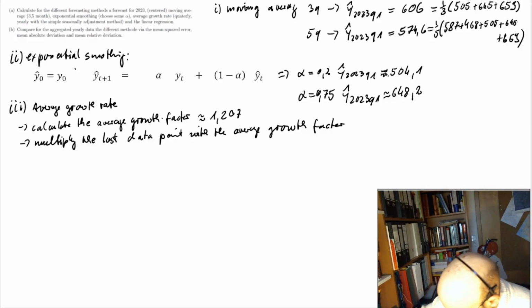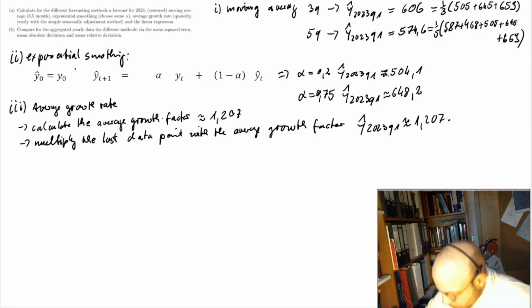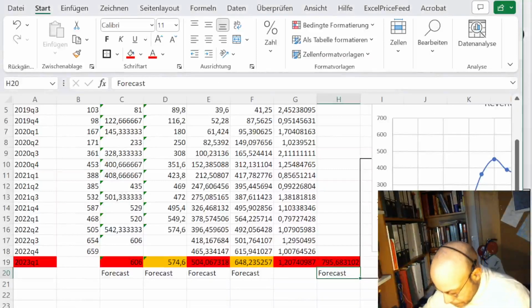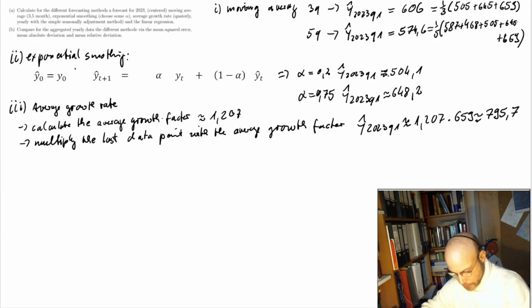So we obtain y hat 2023 Q1 is roughly 1.207 times 659 is roughly 795.7.